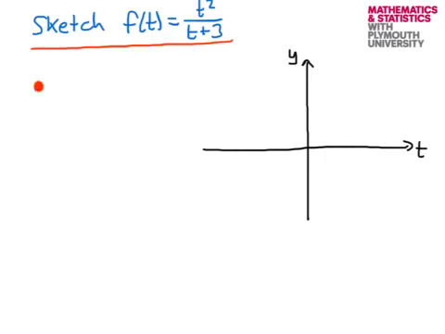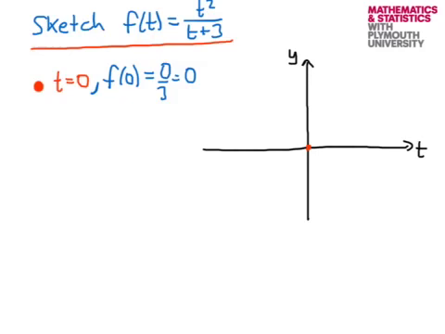So when t is equal to 0, our function f of 0 is equal to 0 divided by 3, which is equal to 0. So we see that our function is going to pass through the origin. I'm just putting a red dot here to remind me.